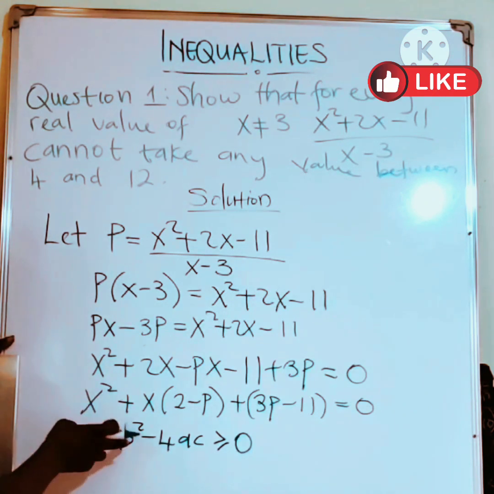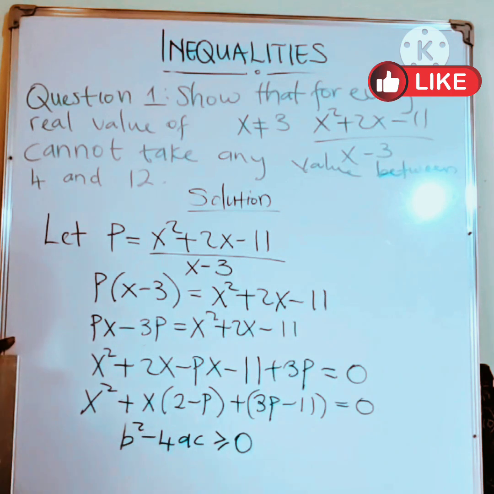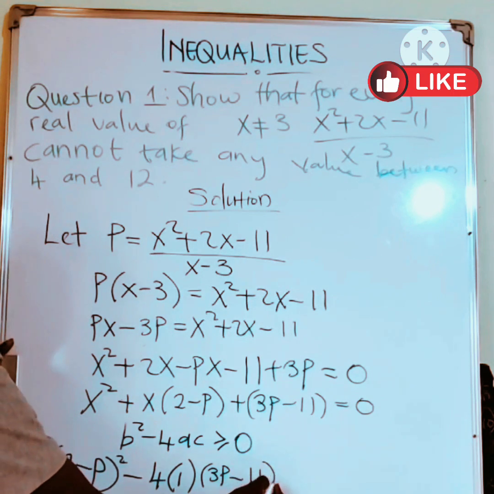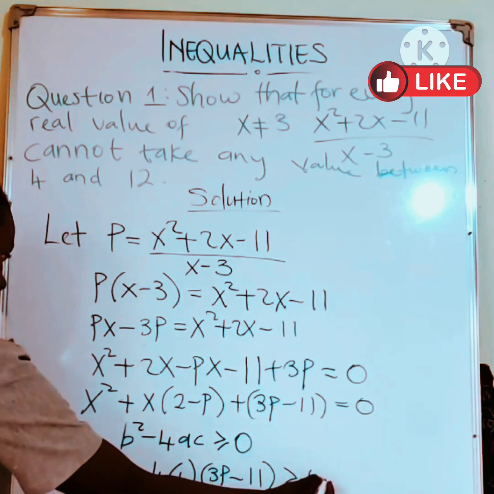So let's substitute b, a and c. We're going to have (2 minus p) all squared minus 4 into 1 into (3p minus 11) is greater than or equal to 0.